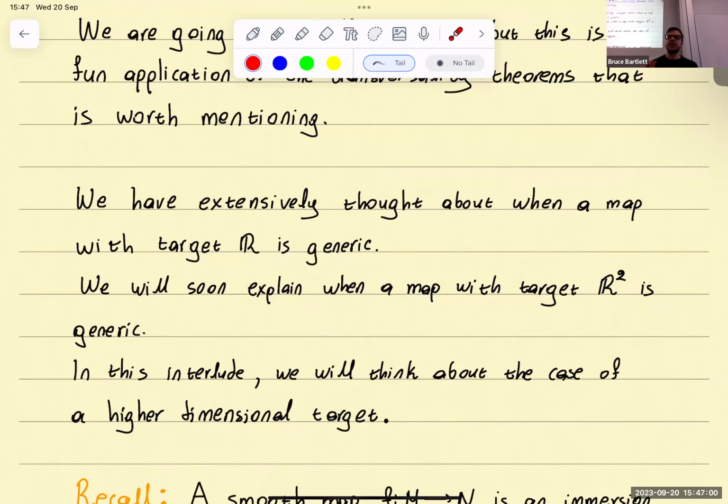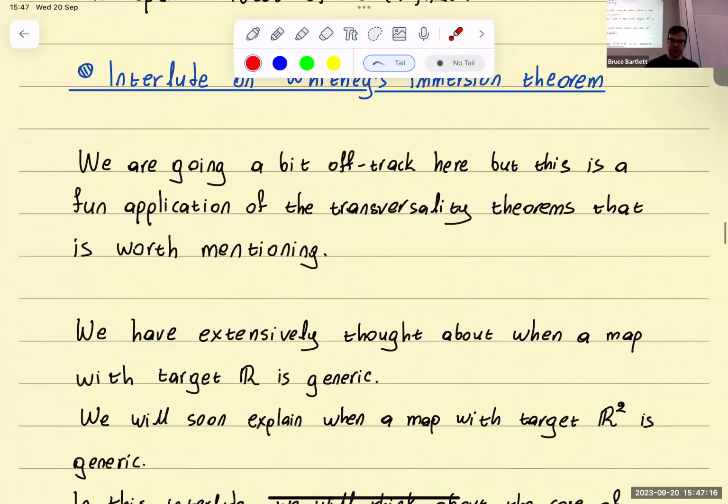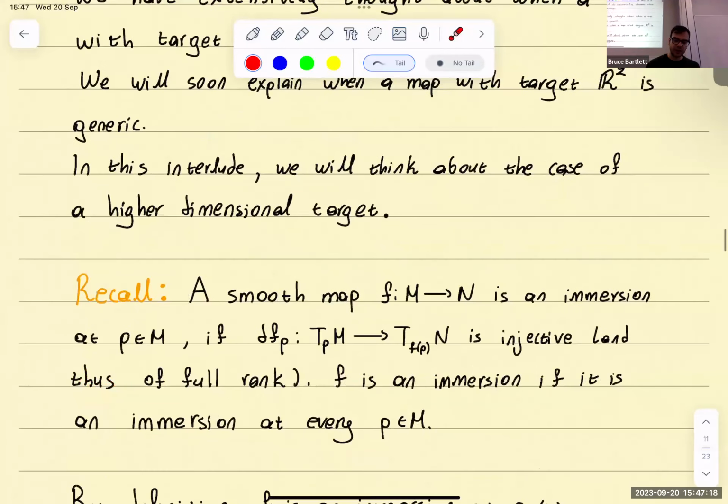But in this interlude, I want to get us to the other regime, where the target is no longer of small dimension but of high dimension. And that's the regime of Whitney's immersion theory.